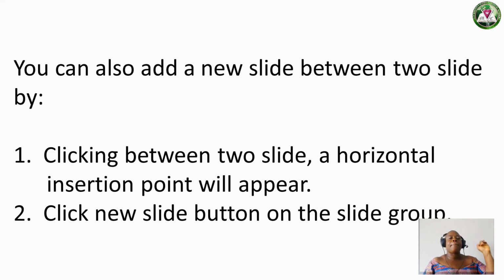Remember, I said the placeholder is the dotted line in the slide, and any text or pictures that go off from that dotted line will not be seen when you project your work. Now you want to add a new slide between 3 and 4. Click between both of them and click the New Slide button on the Home tab of the Slide group.